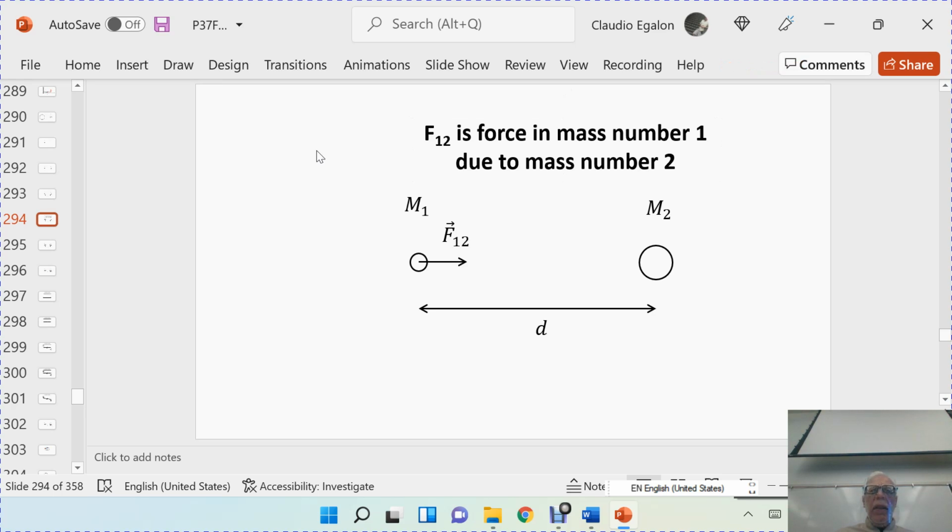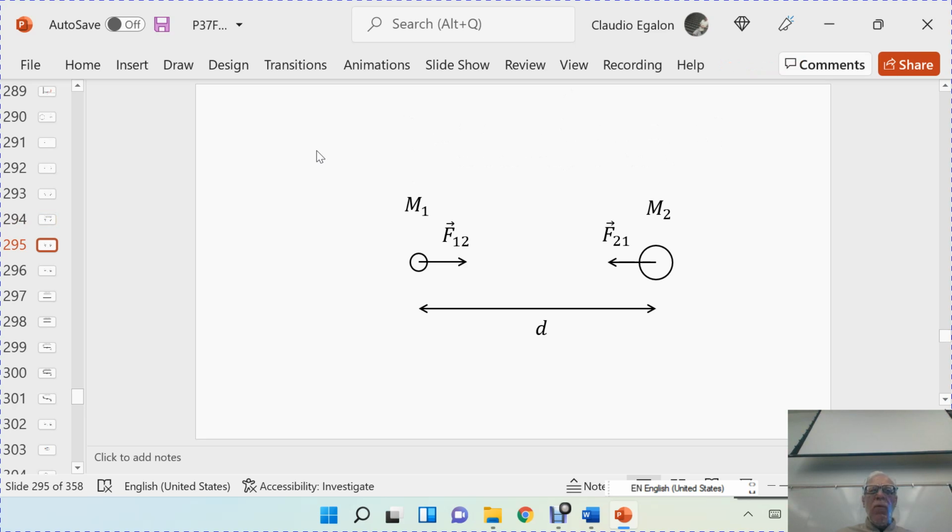Not only do you have this force applied to mass number 1, but you also have a force applied to mass number 2 due to mass number 1.